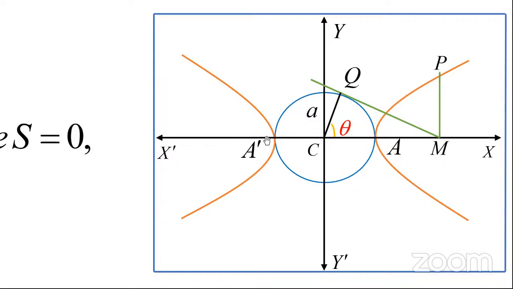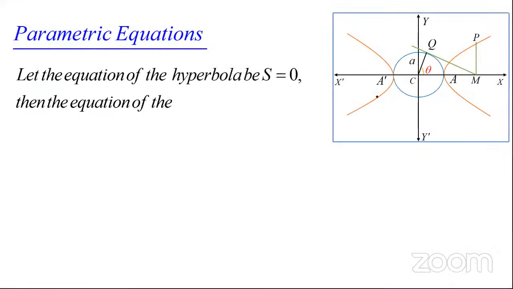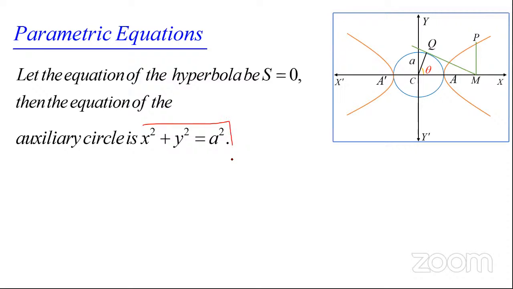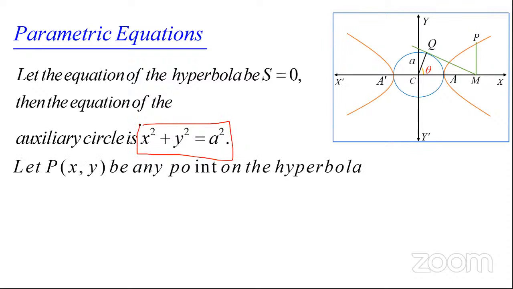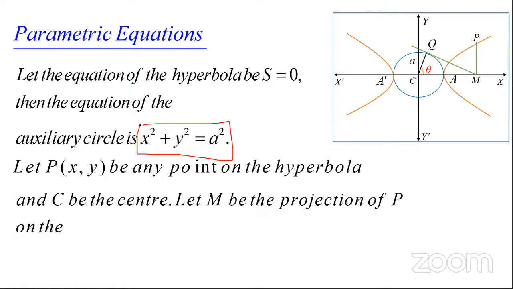Then we can find the parametric equations for this one. Let the equation of the hyperbola be S equal to 0. Then the equation of the auxiliary circle is x square plus y square equal to a square. Then P(x, y) lies on the hyperbola, C is the center, and M is the projection of P on the x-axis, on the transverse axis.